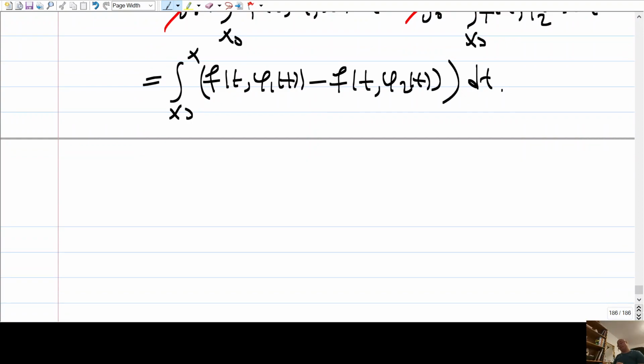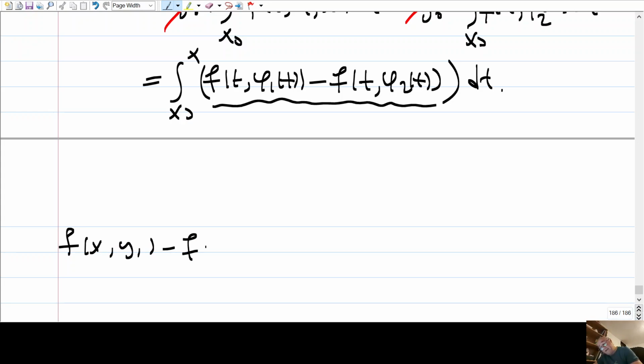What about this gadget? For this, I can use the mean value theorem. How? You see, f of x y1 minus f of x y2.